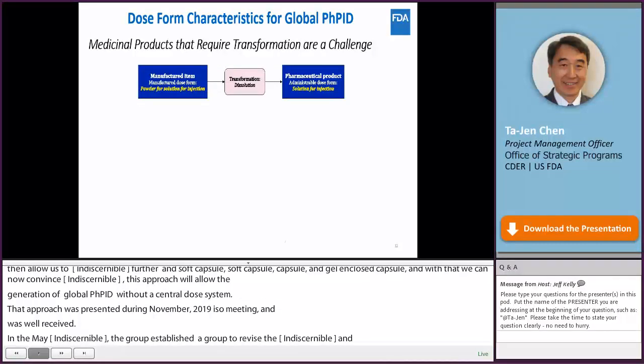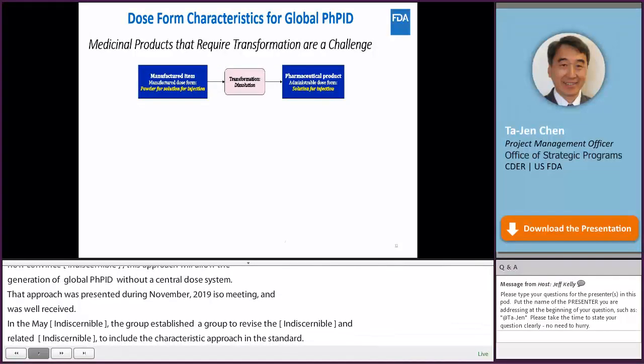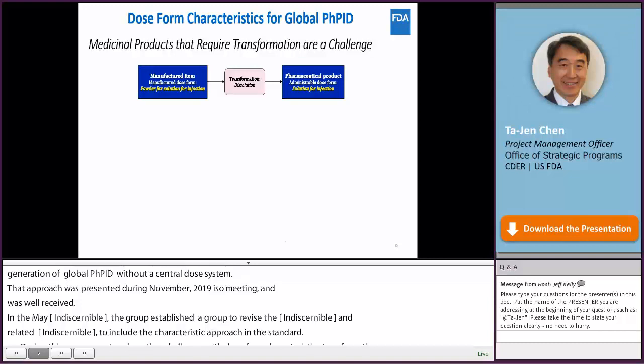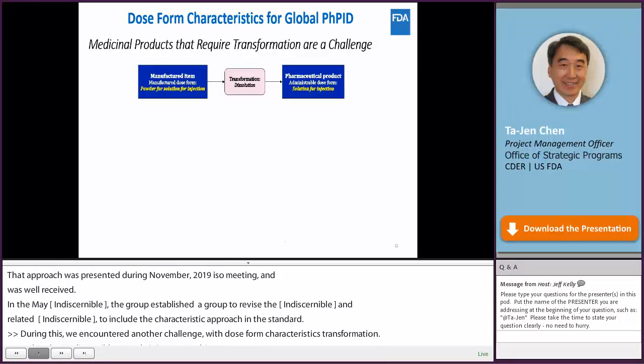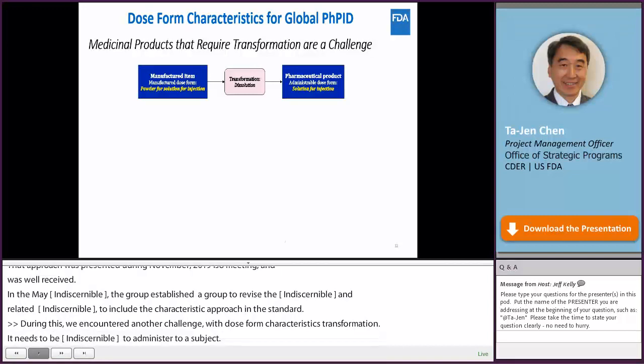And during the revision, we encountered another challenge with products that require transformation. The example here is powder for solution for injection that needs to be dissolved into solution for injection to administer to a subject. The powder for solution for injection is classified as manufactured dose form based on the ISO standard. And the solution for injection is the administrable dose form.